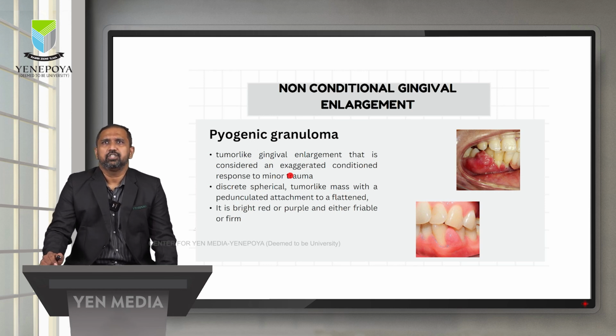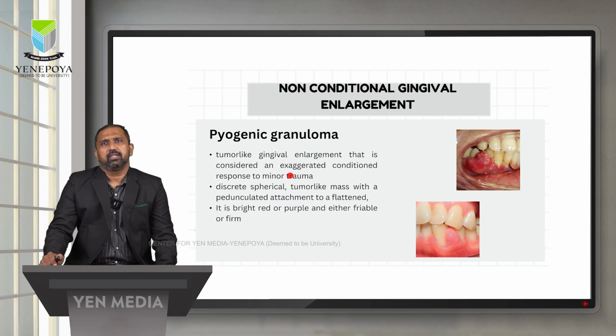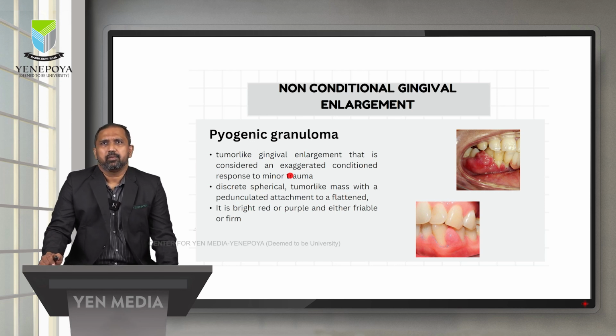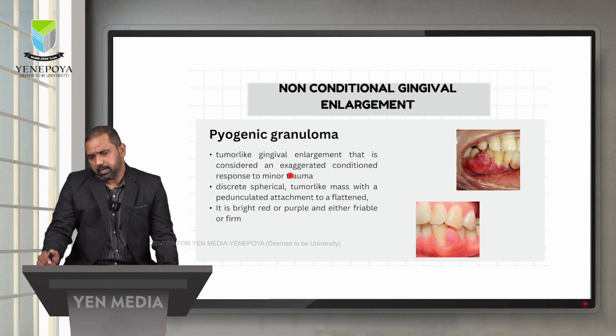Pedunculated means the lesion has a larger bulk of tissue, but it is attached to the underlying tissues with a small stalk. That's why it's called pedunculated. When the entire lesion is flattened over the surface of the gingival tissues, it is called a diffuse lesion. Usually it is bright red or purple, friable to pressure, and bleeds when you brush it. With pyogenic granuloma, sometimes when you maintain oral hygiene it disappears, and sometimes it might require surgical intervention.